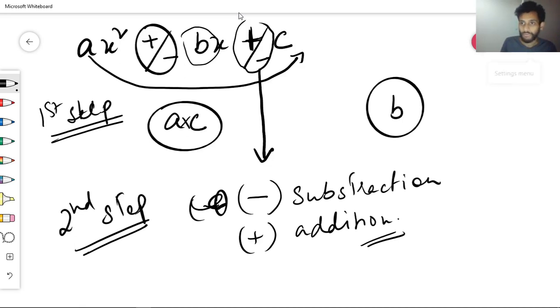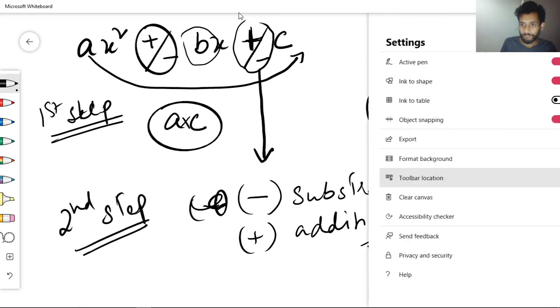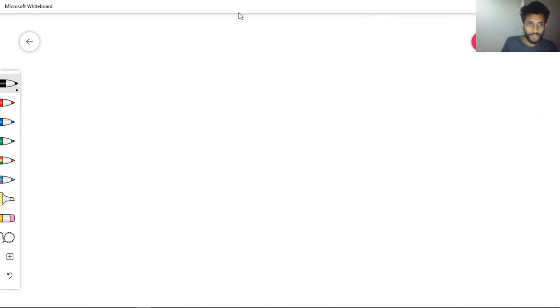So now what will the third step be? We have seen what we will do, plus or minus.